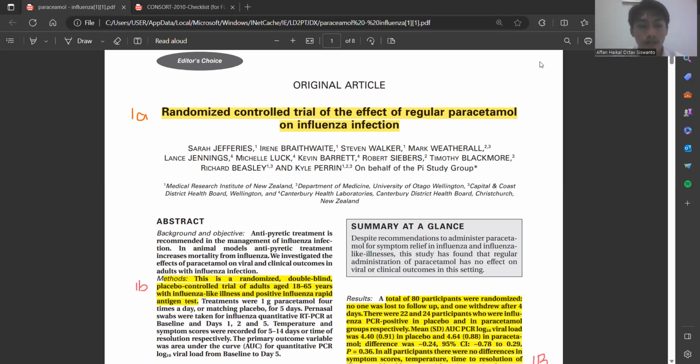And today, I would like to do the presentation of the CONSORT 2010 checklist of information to include when reporting a randomized trial. Okay, the first topic is the title and abstract.